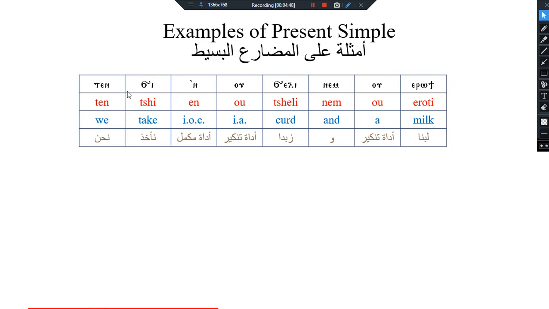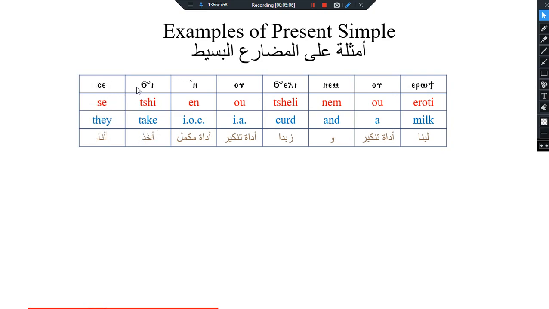Ten, it means we: ten-chi en ou-celi nem ou-eroti. Taten, it means you, plural: taten-chi en ou-celi nem ou-eroti.